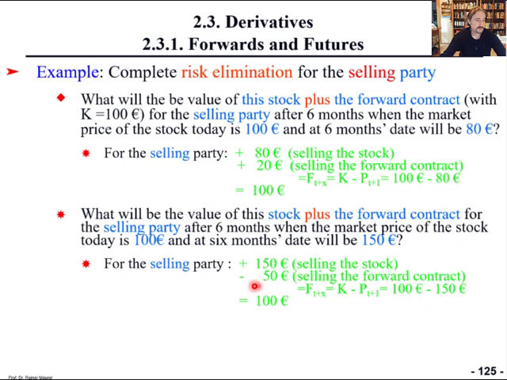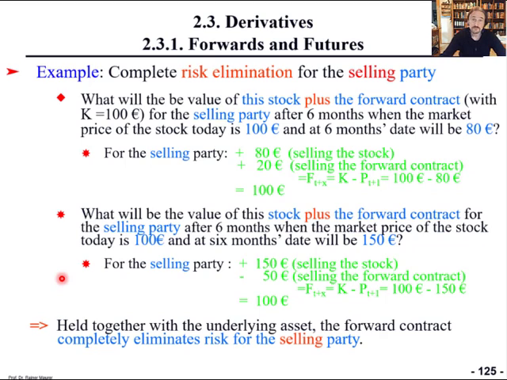So the selling position in the forward contract will have a market price of minus 50 euro. If you add this again up, then the value of the portfolio in this situation is also 100 euro. So this means, held together with the underlying asset, the forward contract completely eliminates the risk for the selling party.